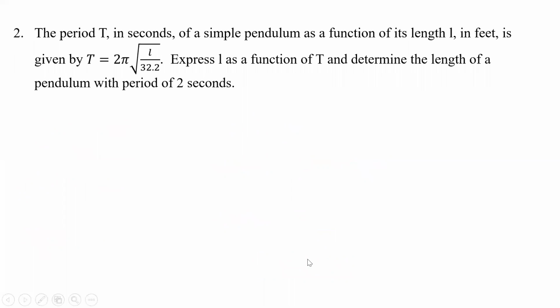Now let's go on to the next one. It's not too bad. We can simplify it. It says we have a period t in seconds of a simple pendulum as a function of its length L, and it is given by this: the square root of L over 32.2, times 2 pi. What we want to do is solve for L and express it in terms of t. So let's do that.